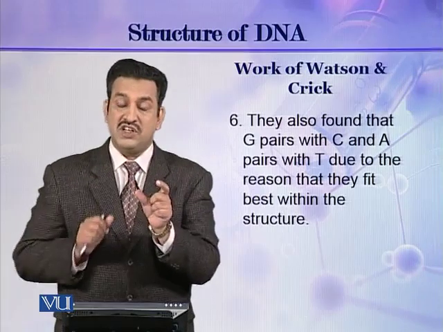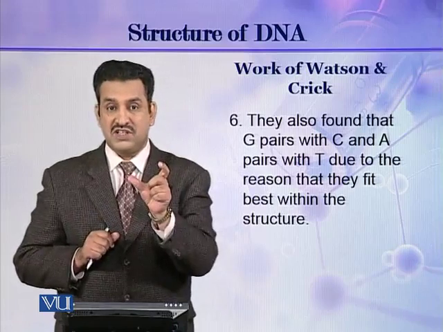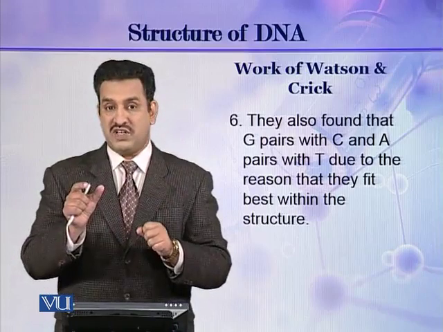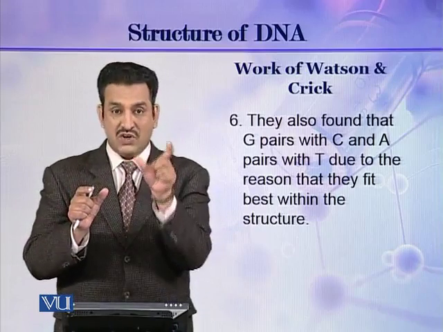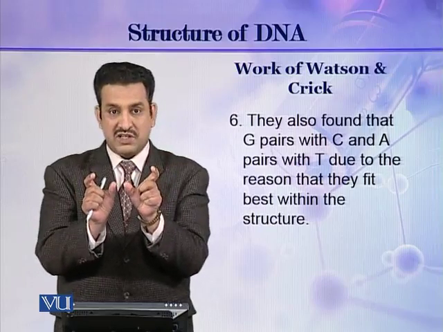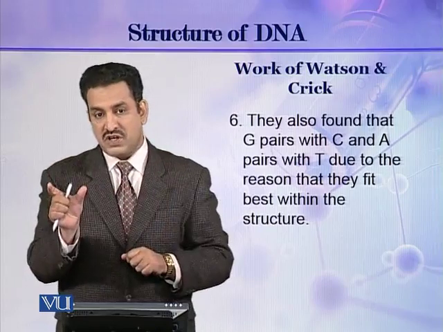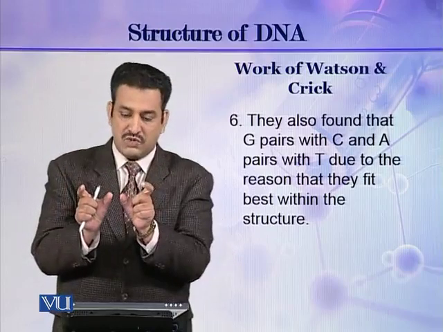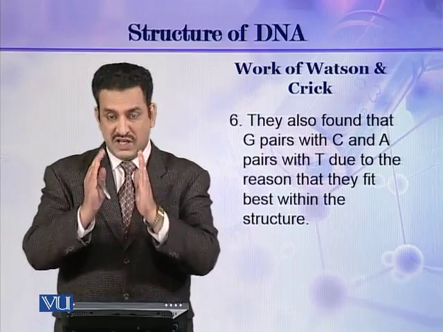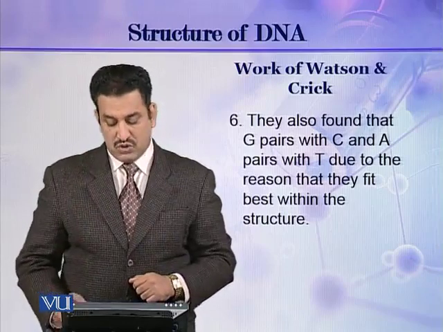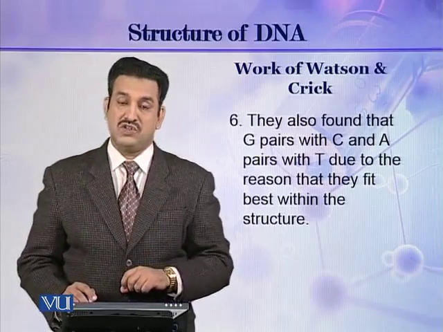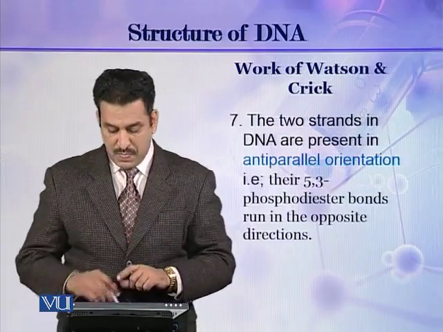Again, G is a purine, larger size, and C is a pyrimidine, which is of smaller size. So one base is of larger size, the other one is of smaller size. Similarly, if a larger base comes on this side, a smaller one will come on this side. In this way, a uniform helix will be formed. So these combinations best fit in the structure of the helix.